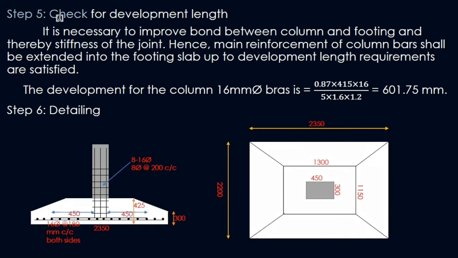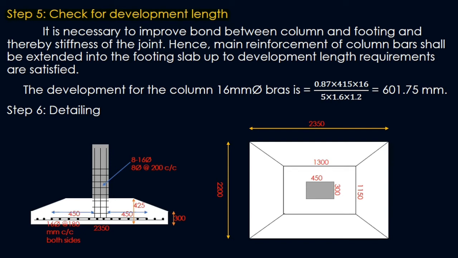So step 5 is check for development length. Is the development length correct or not? We have to check it. Majorly it is necessary to improve the bond between the column and the footing. Therefore, for the stiffness of the joint, the main reinforcement of the column bars shall be extended into the footing slab up to some development length, and the requirements should be satisfied.